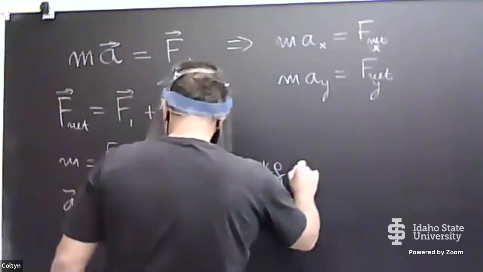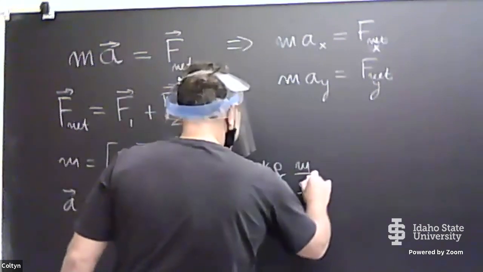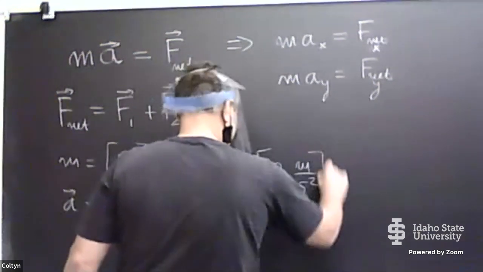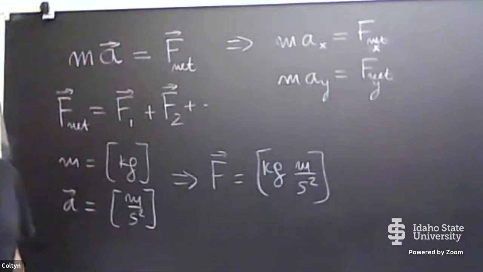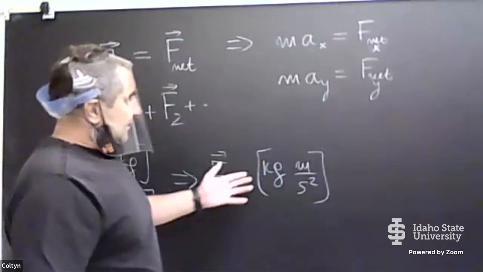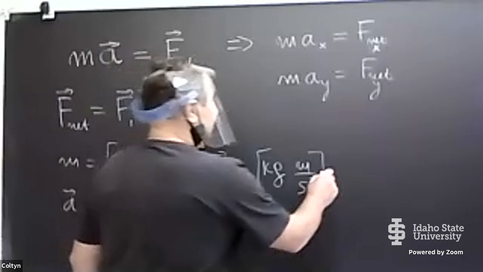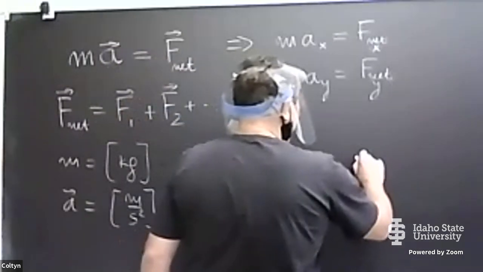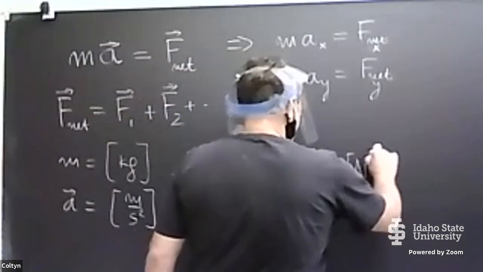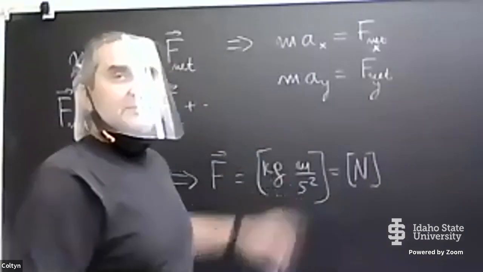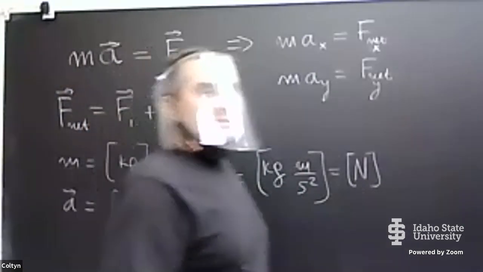Kilogram times meter divided by second squared. This is the unit for force. And that unit has a shorter name. It is called Newton. So 1 Newton is 1 kilogram times 1 meter divided by 1 second squared.